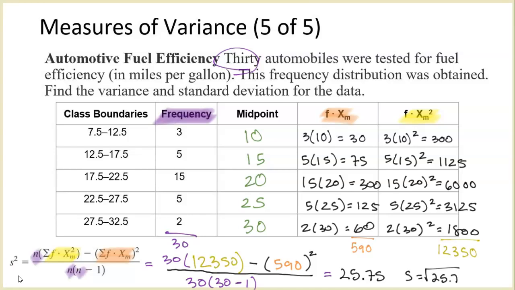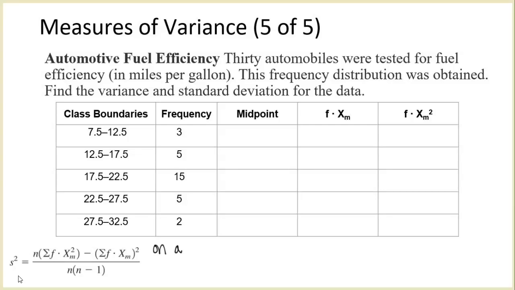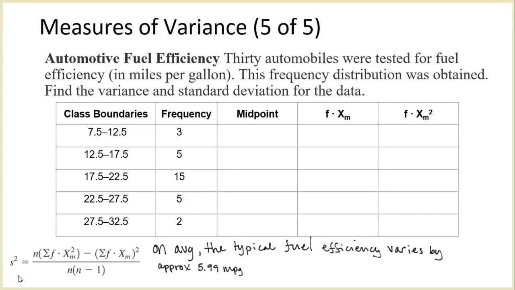And when we take the square root of that, we get the standard deviation, which is 5.07 miles per gallon. And we look at, well, what does that really mean? What does that tell us? Well, on average, the typical fuel efficiency for these vehicles varies by approximately 5.07 miles per gallon from the average fuel efficiency for all of the vehicles, which was 19.07 miles per gallon.